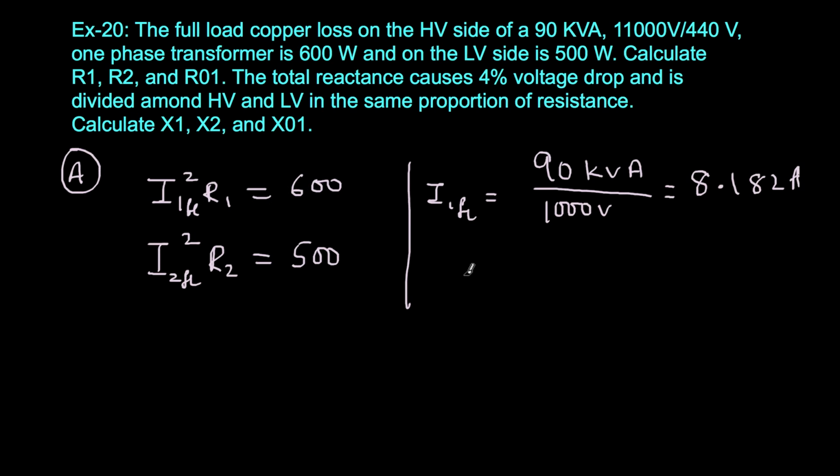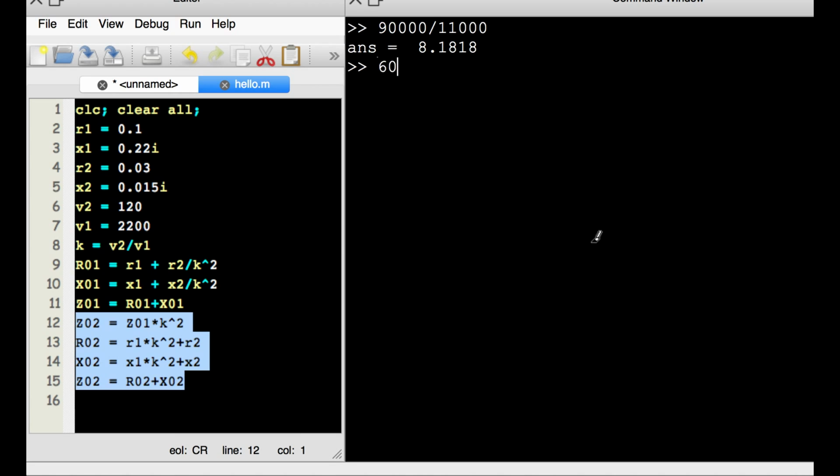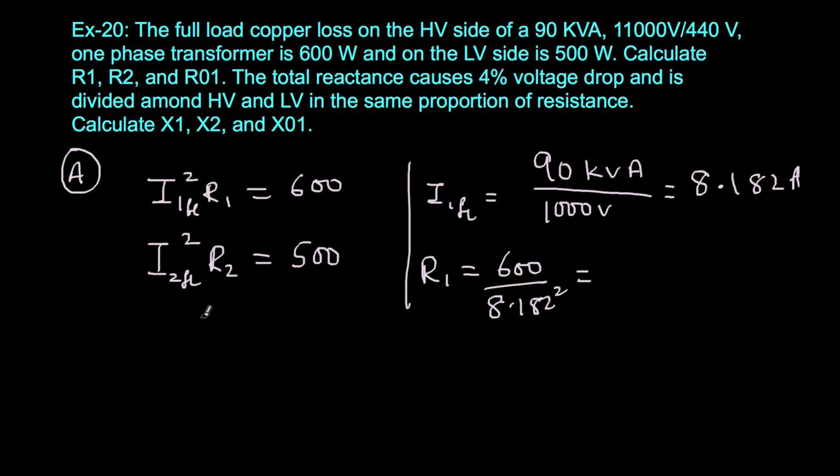So from this I can find R1. R1 will be 600 by 8.182 square. So that is 600 divided by 8.1818 square. I'll get 8.963 ohms.